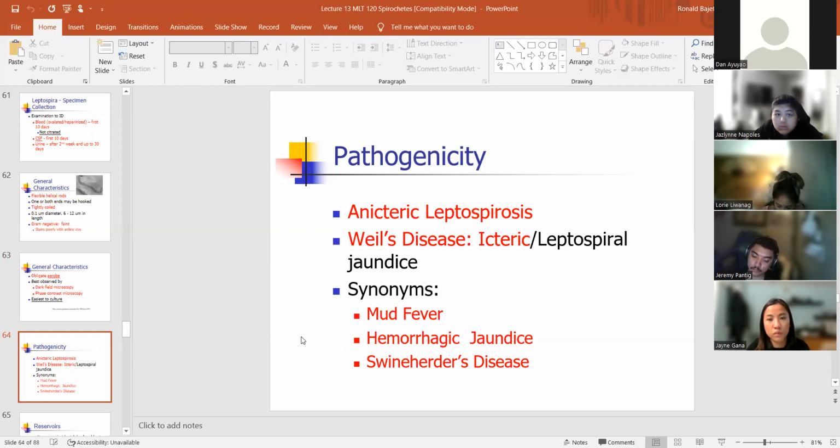You guys remember? Okay, so if a patient has a high icterus in their sample, the patient is jaundiced, so the patient has a liver problem.